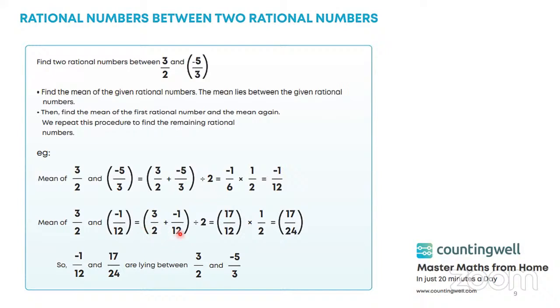Taking mean means taking the sum of the two numbers and dividing it by 2. Because there are two numbers, we are dividing it by 2. Here we'll get 17 by 12 multiplied by 1 by 2, which is equal to 17 by 24. So in this way, we have obtained two rational numbers lying between 3 by 2 and minus 5 by 3.